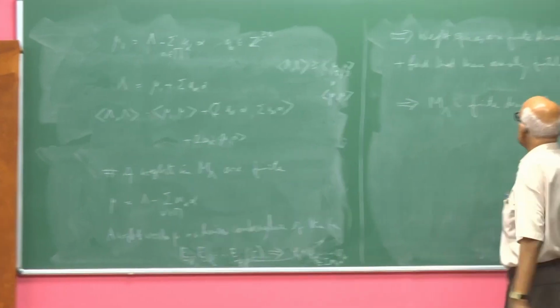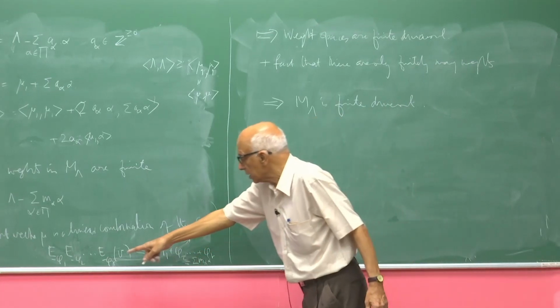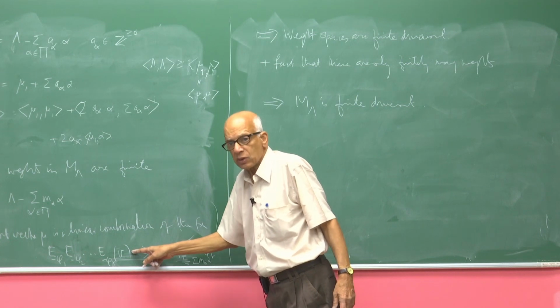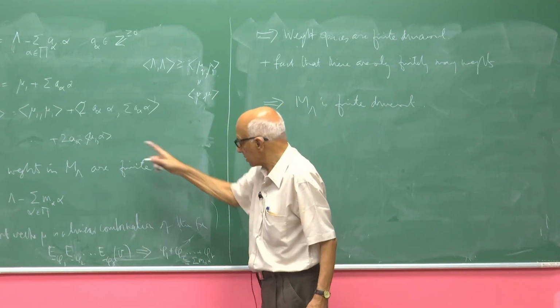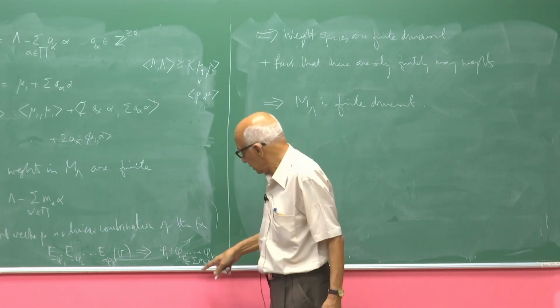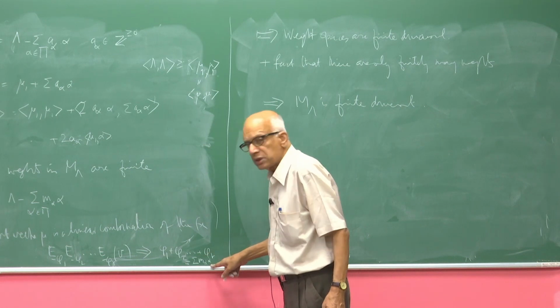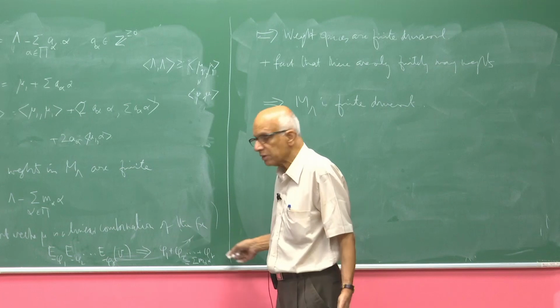So there are only finitely many weights, and each weight space is finite dimensional, because how do you get a weight space? The only way you can get the weight space is like this. And if you want to get into the weight space corresponding to lambda minus sigma m alpha alpha, you will need phi 1 plus phi 2 plus phi r to be equal to sigma m alpha alpha, and there are only finitely many possibilities.